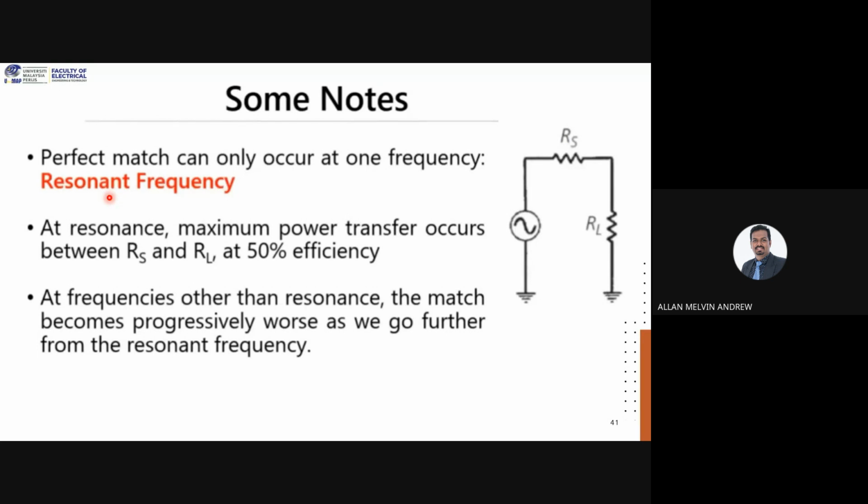If not compatible, let's say you want to send 10,000 hertz, but the resonant frequency of your antenna is only 1000 hertz, as it goes further, it will become progressively worse. So we cannot achieve what we want in the communication. So it's very important.